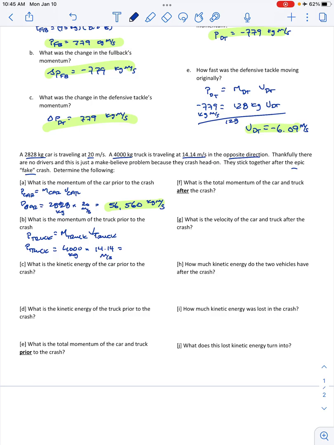So 4,000 times 14.14. Now, oops, sorry, that's going the opposite direction, so that's going to be negative 56,560 kilogram meter per second. Again, if you just want the magnitude of it, it'd just be 56,560.